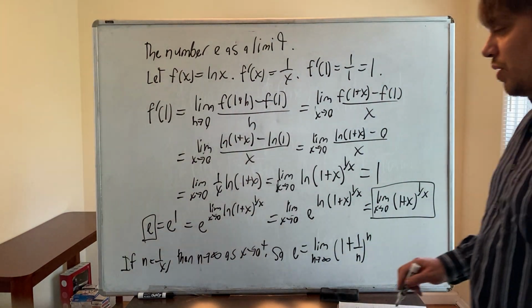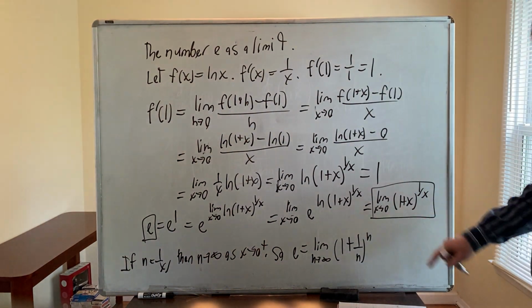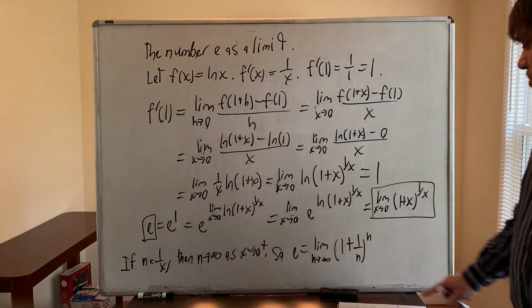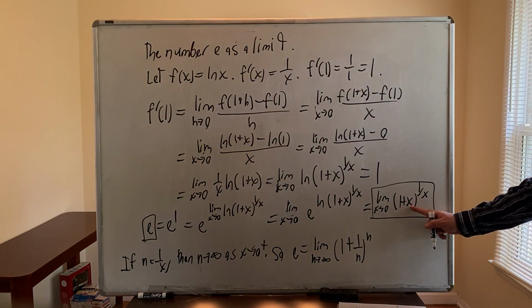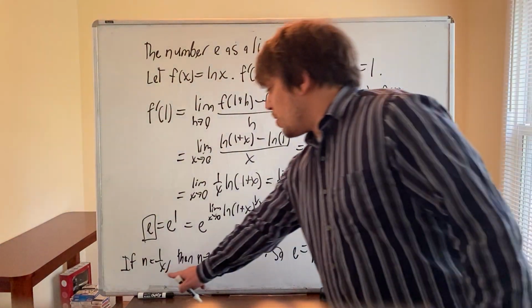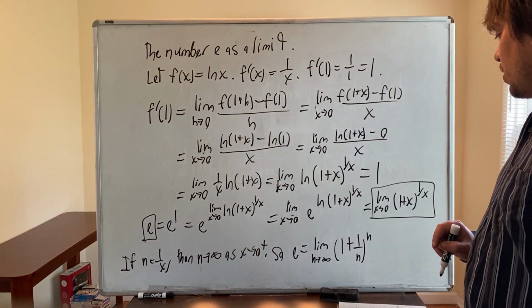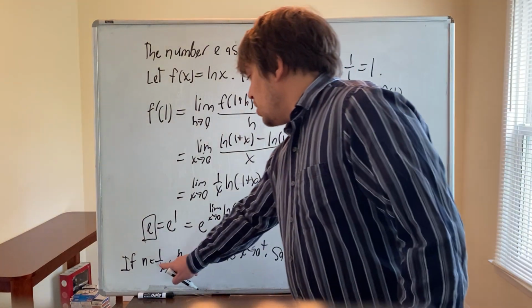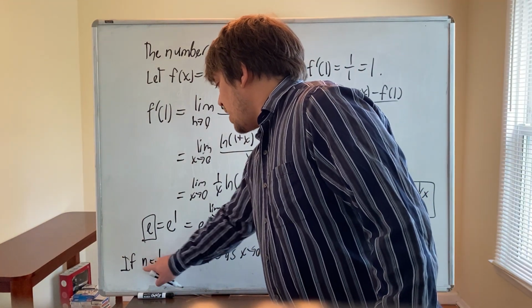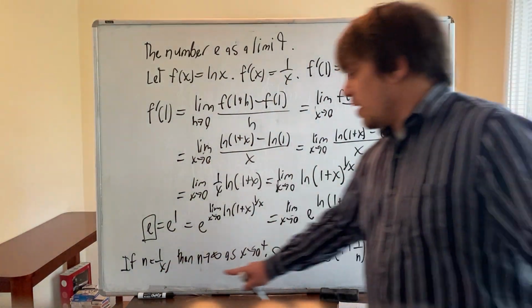Okay, so what do I mean? If n is 1 over x, then here I'm saying the limit as x approaches 0, and in fact, x is approaching 0 to the right. And so as x approaches 0, n, which is 1 over x, is approaching infinity. Okay? And so here, instead of 1 plus x, I can put n equals 1 over x, x also equals 1 over n. And so I can put a 1 over n there, and the 1 over x I can substitute for n.